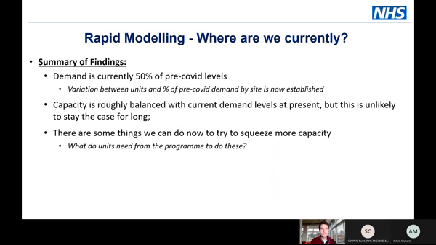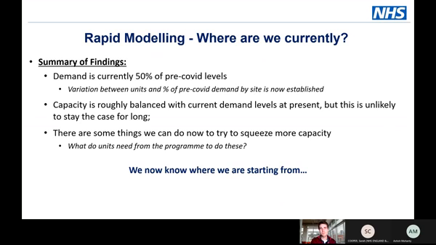And so the conversation then quickly turns to what do units need from the program in order to do those things. So that is a very whistle-stop tour of how you can do some rapid modeling, and some of the models you might come up with, to try and establish a baseline very, very quickly without the typical data sets you have to do a more formal D&C.